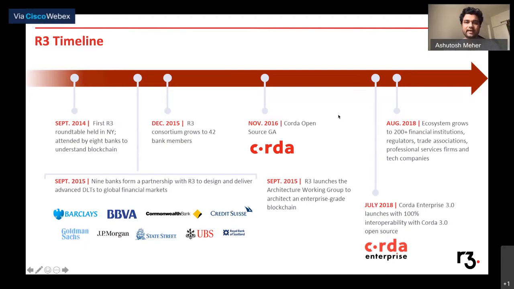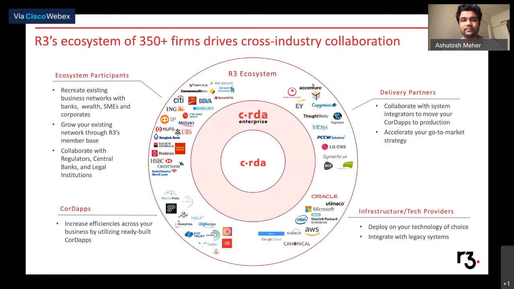So just at a very high level, some of the names that you could see. We talked about 350 different organizations, or cross-industry collaboration, which has been happening. They are broadly in 4 categories. The ecosystem participants were the member banks, which initially joined, and then we have ISVs and SIs. ISVs are people who develop Corda apps; they develop their own products on top of Corda.